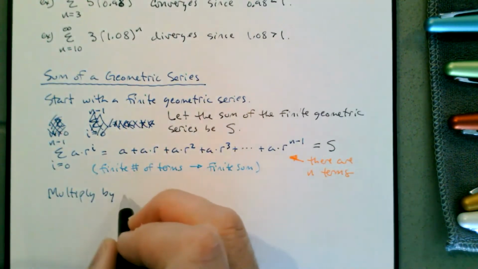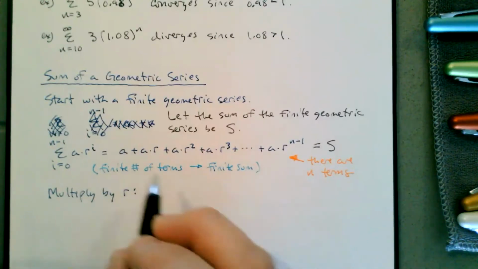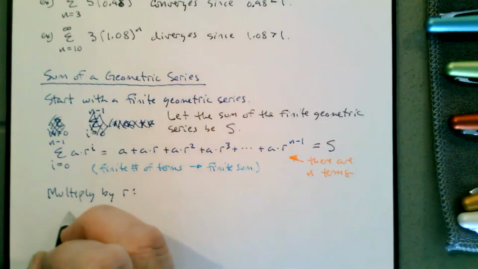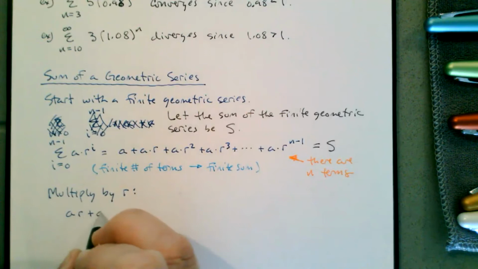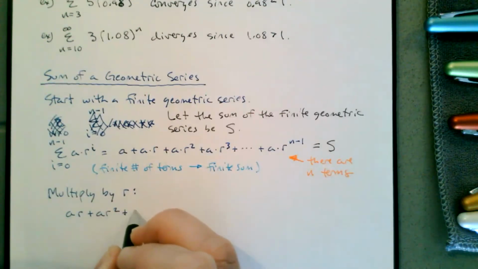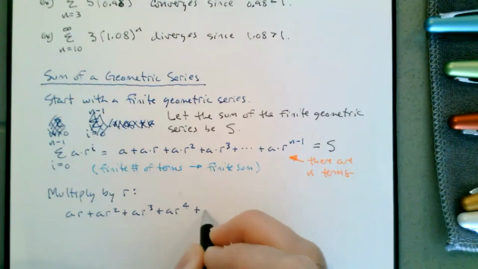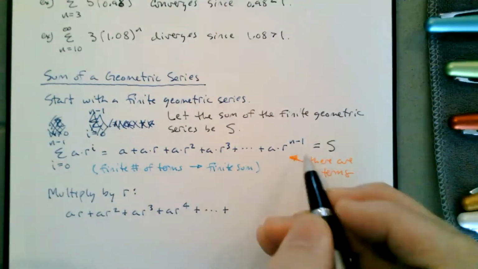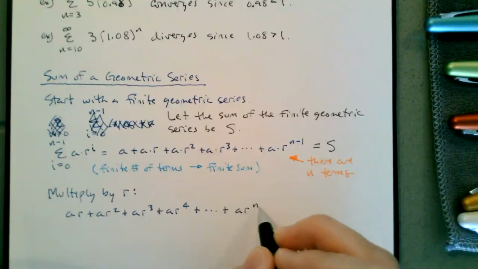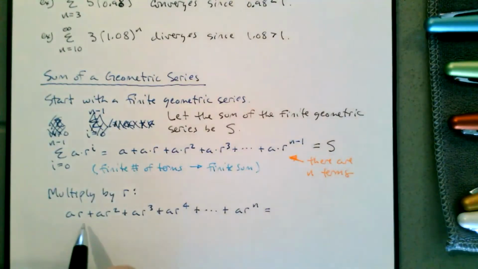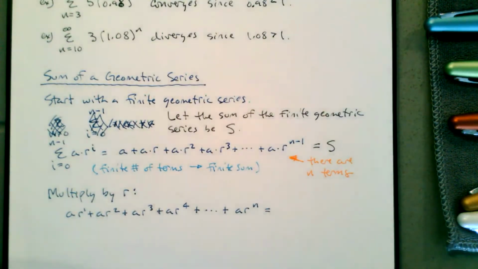I'm going to multiply everything by R. So I'm going to have AR plus AR squared plus AR to the third plus AR to the fourth plus, and now I have AR to the n. Now I still have n terms because the counting starts at 1 now.